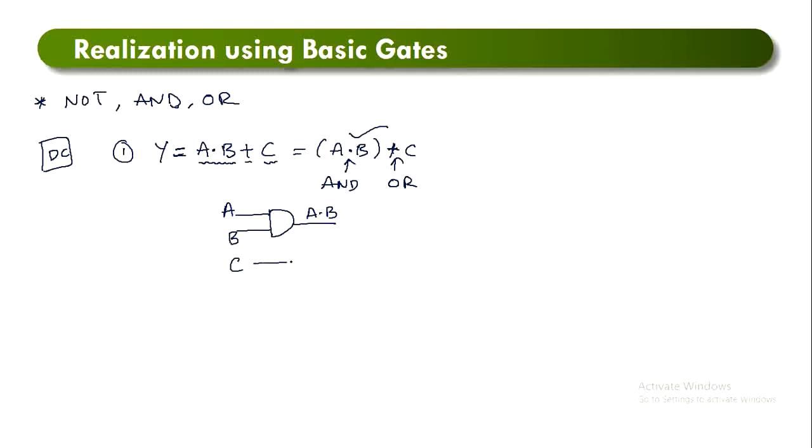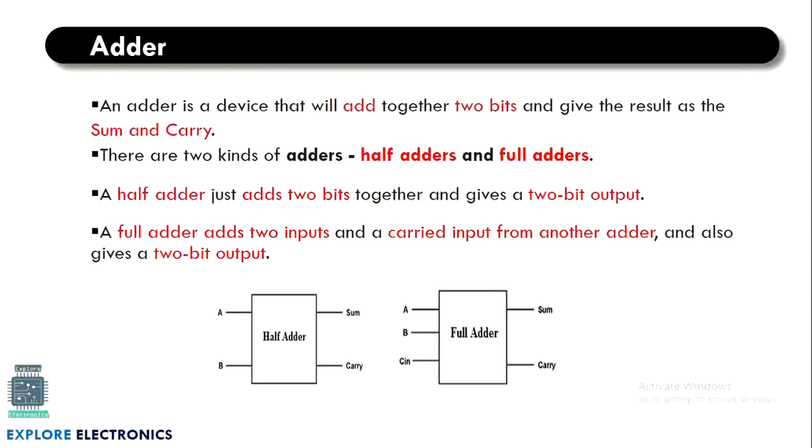So take one more input C and we can use OR gate for getting plus functionality. So this is A dot B plus C. By using this method, you can write any digital circuit which is having an expression like this using basic gates.